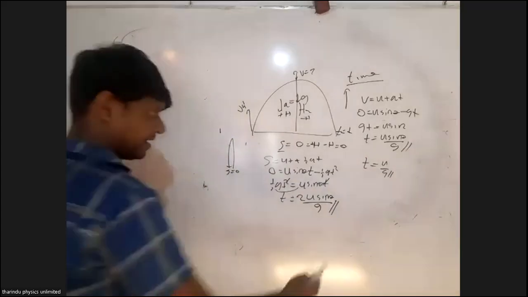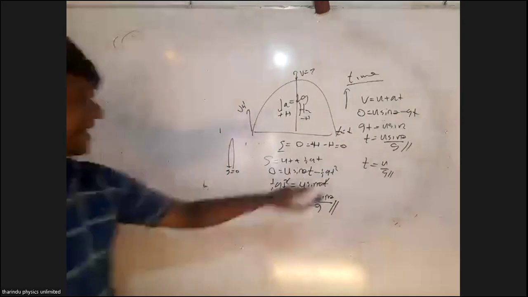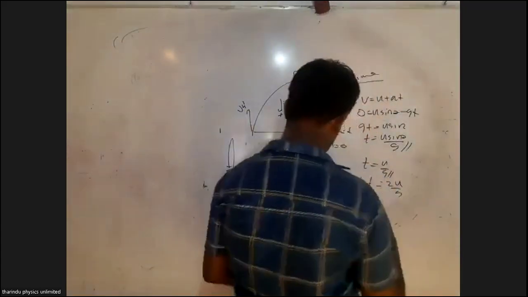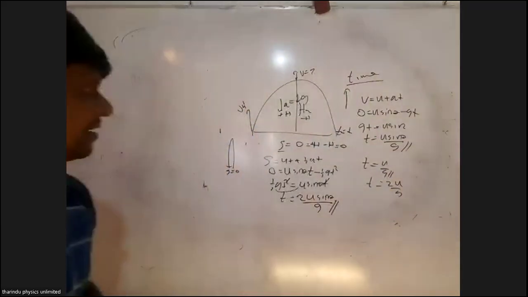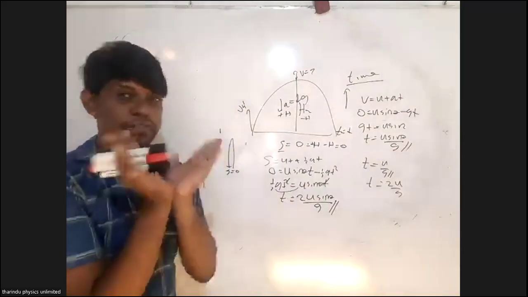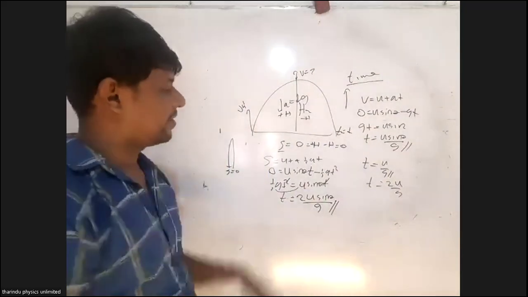So see, it is exactly the double of this one. In the earlier case, we got 2u over g. Now here it is 2u sine theta over g. The only difference is we have a component of sine theta and cos theta. That's it.